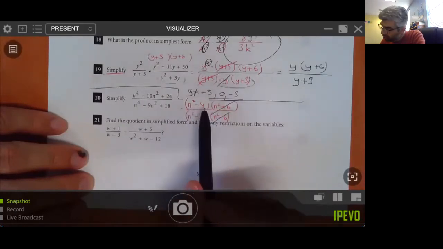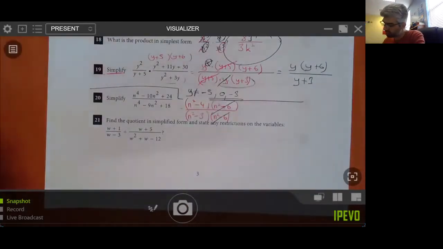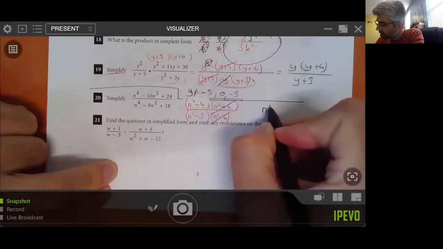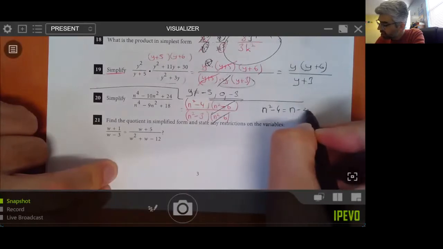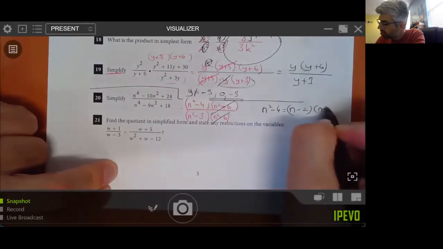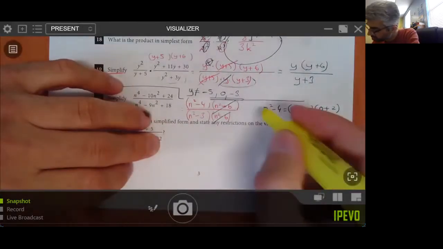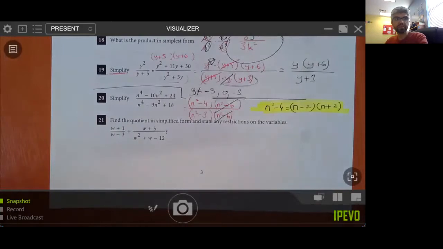But n squared minus 4, you know, there is one thing you always have to remember, but unfortunately, many of you always forget. This can be written as n minus 2 times n plus 2, since 4 is 2 squared.